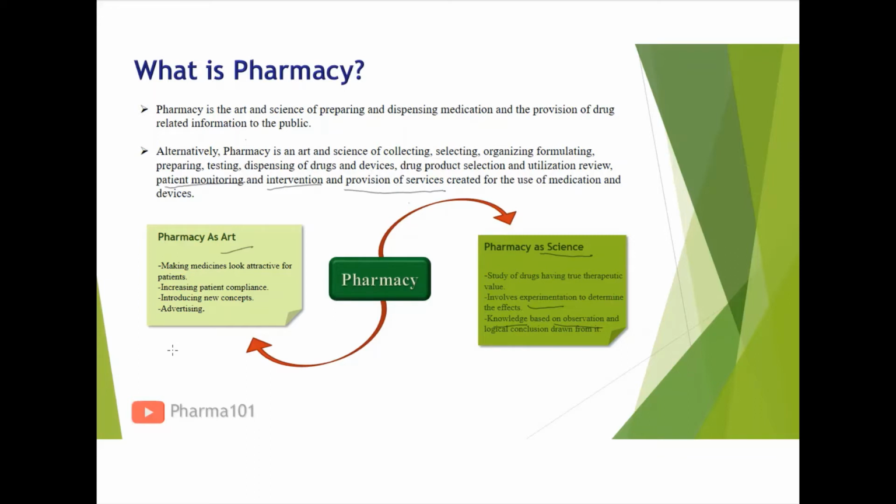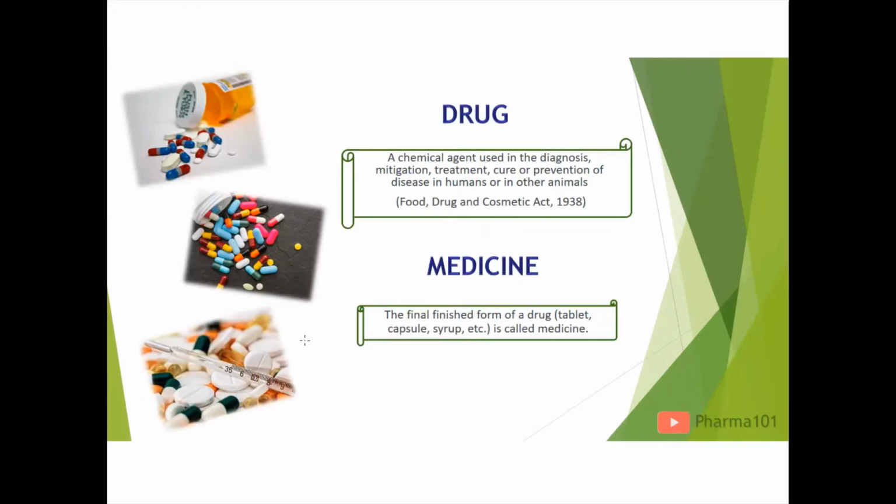It might not be available in a dose that is required by the patient, or the patient might be allergic to a component of the medicine that is present in the packaged form. And therefore the role of the pharmacist is to compound the medicine and to provide it for the individual needs of the patients. Let's move forward.